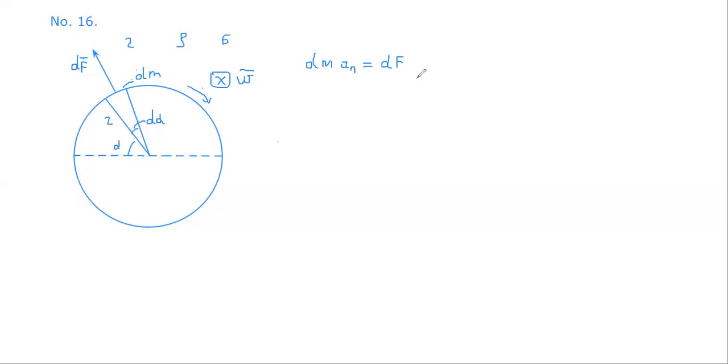Maybe it is better to sign it as df alpha. dm a_n is equal to df alpha, according to Newton's second law.